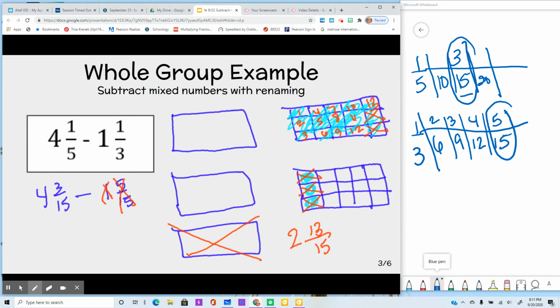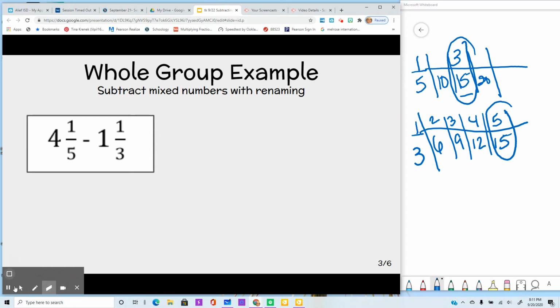So it's best to take away your fractional parts first, then your wholes, so that when you're doing your regrouping, you don't get confused with anything. Because sometimes you may end up having only like 1 to take away, like 1 and 3/15, and then we wouldn't even have the wholes left over. All right, go ahead and take these notes in your notebook.